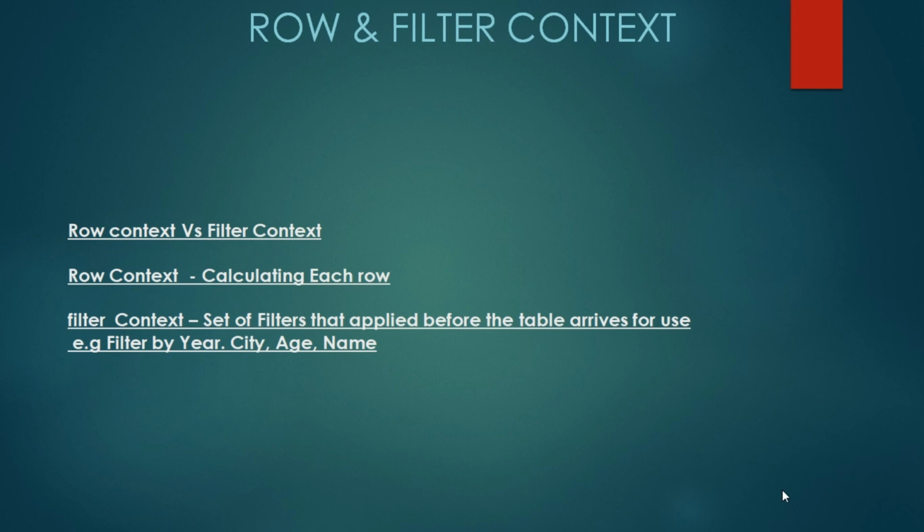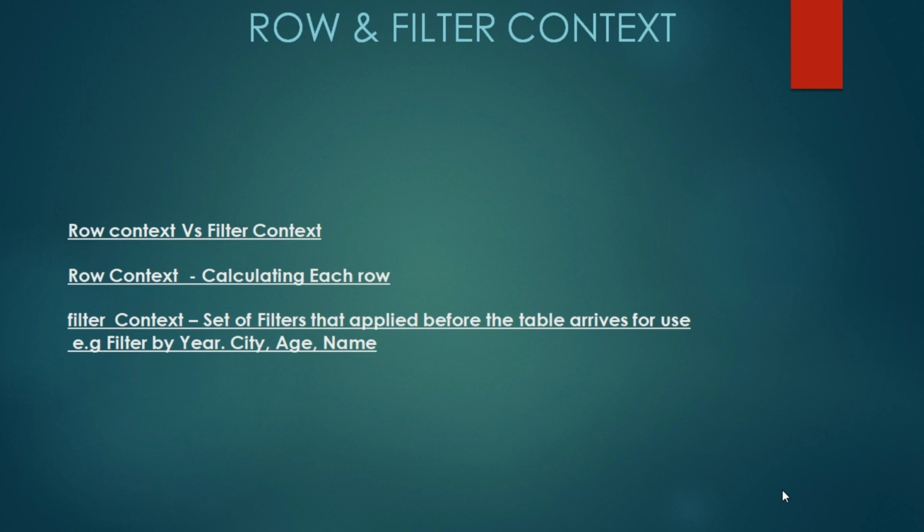So the total sales will be the price for each product multiplied by the number of units sold. So you are going to calculate row by row. For each row there will be a calculation. Right? So that is called row context.